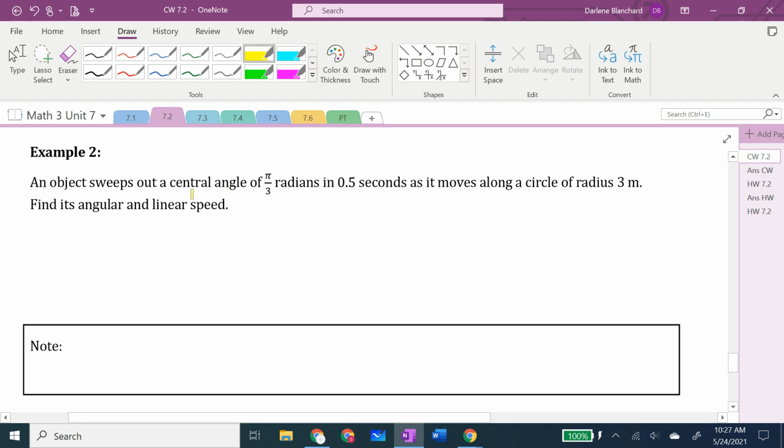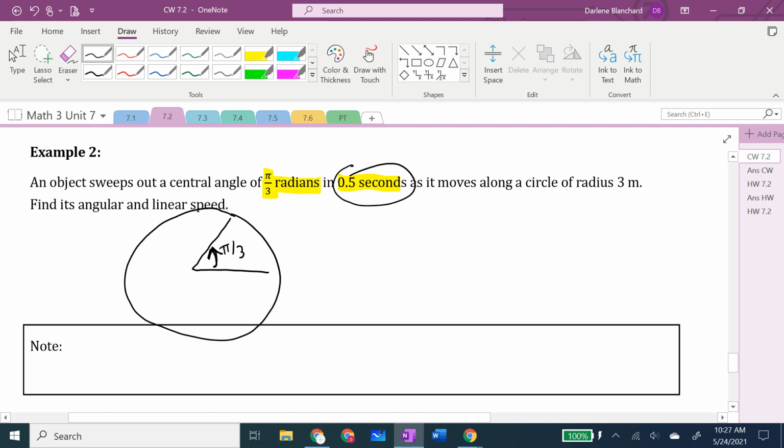If an object sweeps out a central angle of pi over 3 radians in 0.5 seconds, that means it turns, this is about a pi over 3 angle. So we get a turning of something that is circular, goes this far, that much of an angle sweep in 0.5 seconds. What is the angular speed?